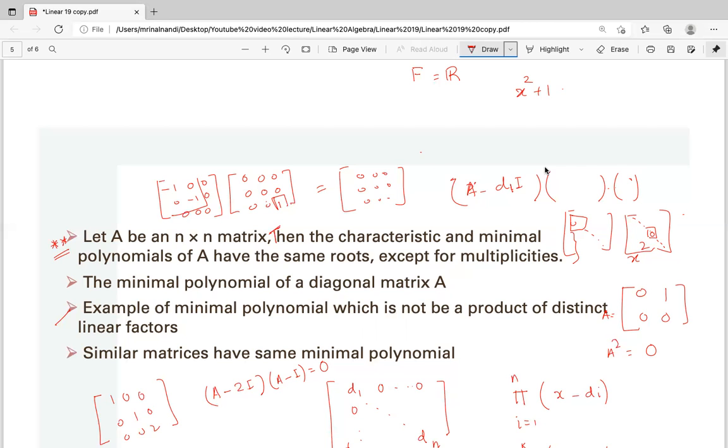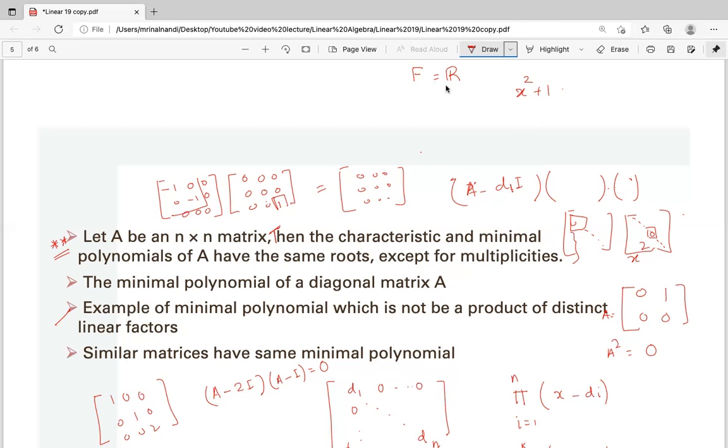So we can't say this is an eigenvalue. The solution of the characteristic polynomial is not automatically a characteristic root. The solution of the characteristic polynomial is a characteristic root if that root is in the underlying field.